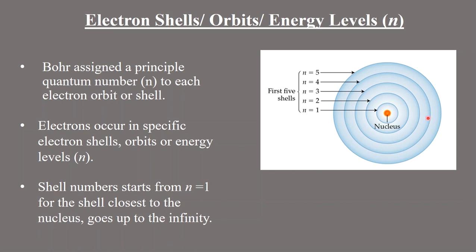You can see in this image that we have a nucleus, and after that we have the first shell, second shell, third shell, fourth shell, fifth, and so on. They go up to infinity. The names that we use for these shells are electron shell, orbits, energy levels, and we also say principal quantum number. So these are all names for these shells around the nucleus.